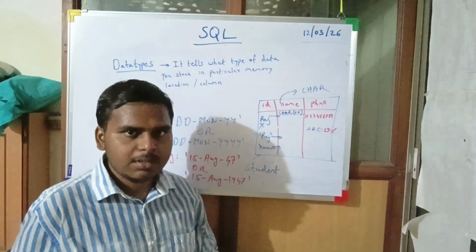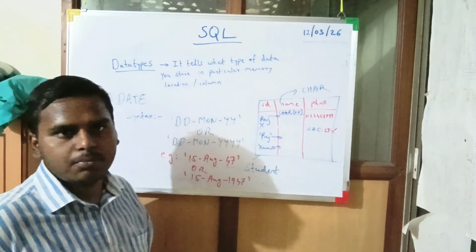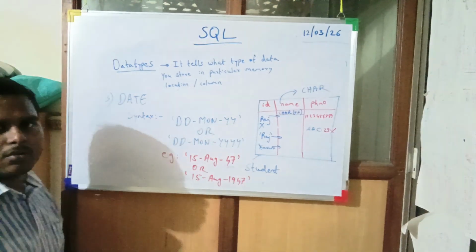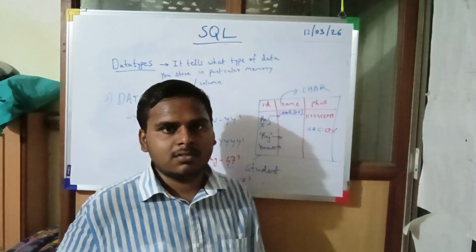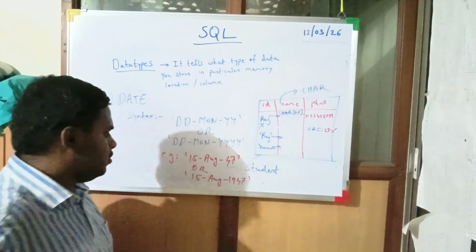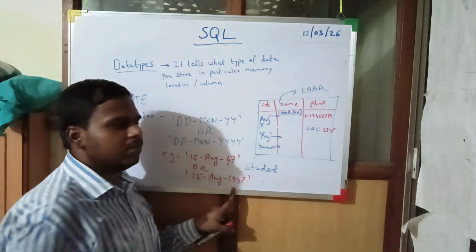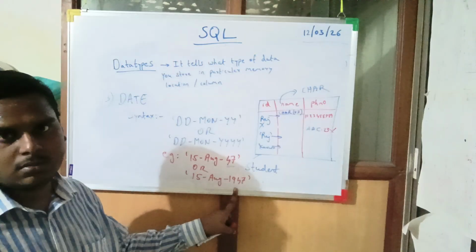Now one concept is there: this 47 is 1947 or 2047, how will we come to know, sir? One question will come to your mind. The answer is, if you write the full year, no worries, no need to think. But if you write the shortcut, then you have to think a lot.